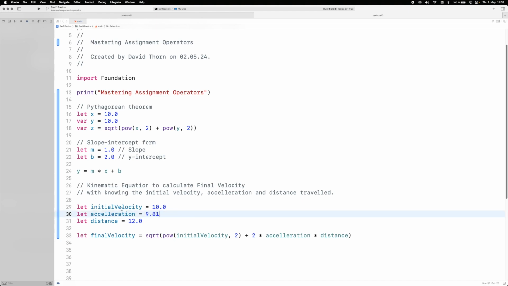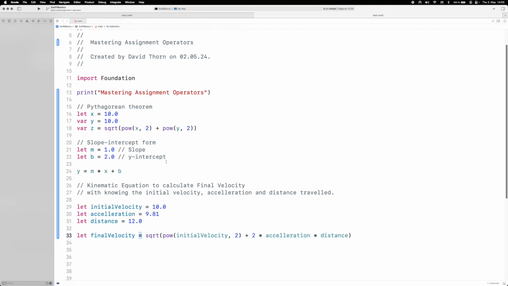So if we look at the type inference, it's a double, and that is immutable as well. And the distance here is being assigned the value of 12.0, and distance is also a double. And we can see final velocity is also a double, because all of the values on the right-hand side of it are doubles. So it's been assigned a double value of the result of that expression.